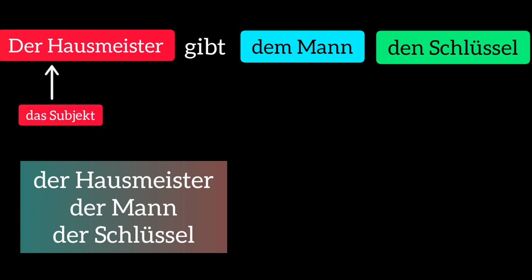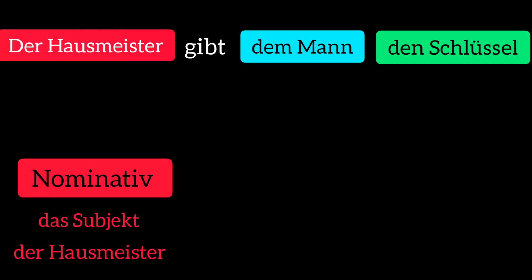So, der Hausmeister is the subject of the sentence and therefore it is coming in its nominative case. And because it's coming in its nominative case, it's not going to change its article from its basic form. So its basic form is der Hausmeister. So it's going to remain like that, der Hausmeister, right?